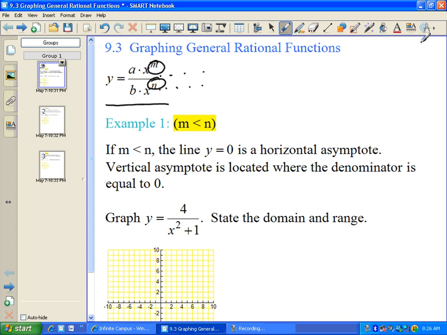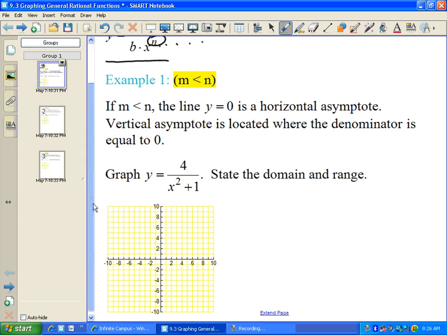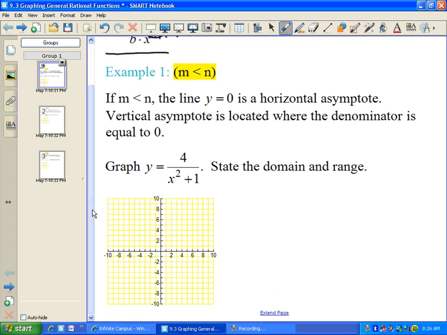We're going to look at these 3 cases and go from there. So, for the first one, my m is less than my n. So it's a problem like this one here, where my degree on the bottom is 2, my degree on the top is 0. 2 is definitely larger than 0.